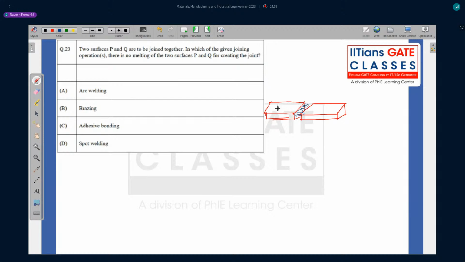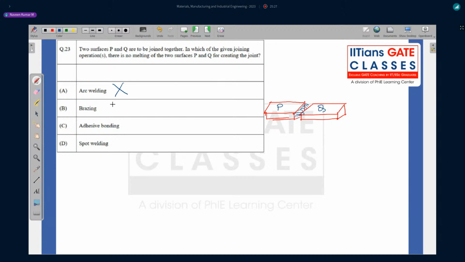So let's say this is P and this is Q. Now if they have to be joined, in which of the processes is there no melting between P and Q? Obviously, in arc welding, melting will be there. So this is not the answer, because in arc welding you have these terminals. You have to close the circuit, and electricity is passed. You have some kind of electrode. All these things are there. So obviously P and Q will melt. So this is not the answer.